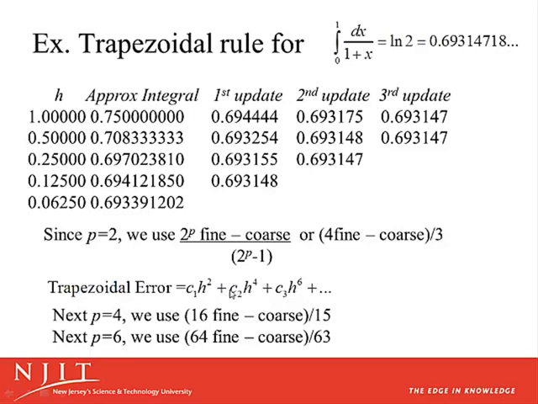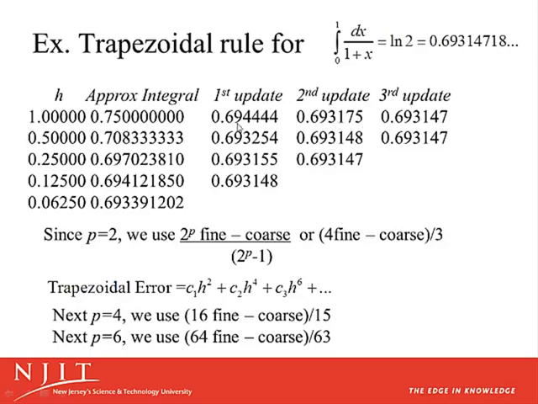Well, if we have h to the fourth, how does that change the method? If p is 4, we have 2 to the fourth, or 16 times the finer value minus 1 times the coarser value over 16 minus 1, which is 15. So that's what we're doing with the second update. We're taking 16 times 0.693254 minus 1 times 0.694444 and dividing by 15 to get 0.693175.